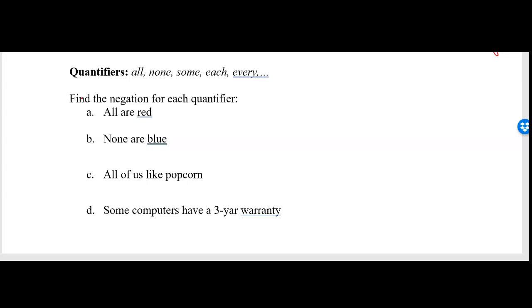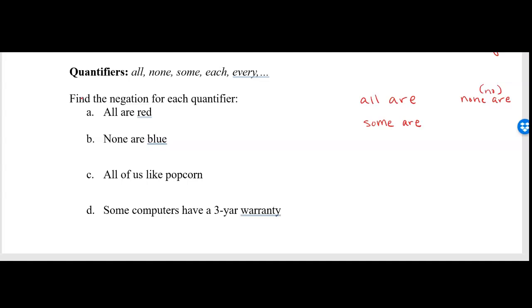I want to show you just real quick. This is a little chart I always make in class, but the words that you'll be using mostly are all are, and there's a reason I'm writing it this way, so follow me. Some are, none are. Another way to look at that would be no, right?